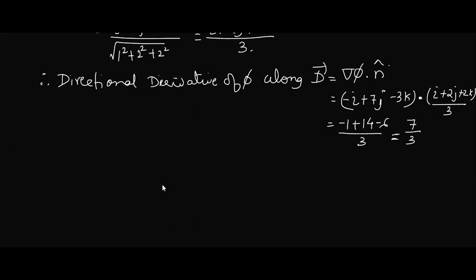Yes, ma'am. Understood how to do directional derivative? Yes, ma'am. Okay, I'll give an example. If all of you say yes, I'm ready to give it so you can try the problem.